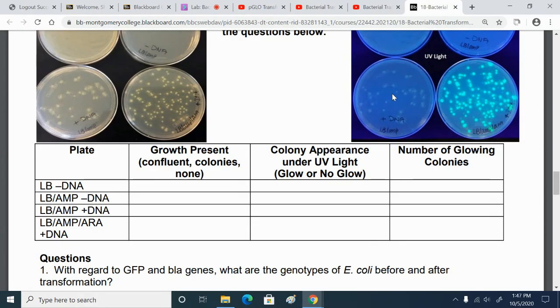This plate only has the ARAC protein. There's no sugar in the agar. So these bacteria on this plate cannot turn on PBAD. So the green fluorescent protein gene will not be transcribed. So does that make sense?